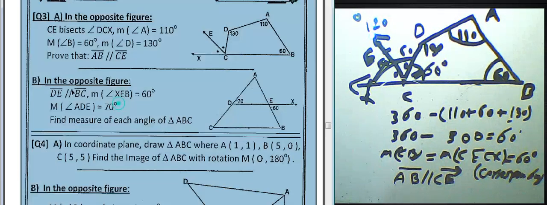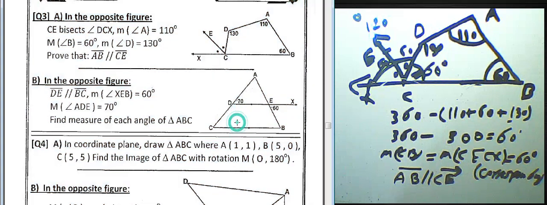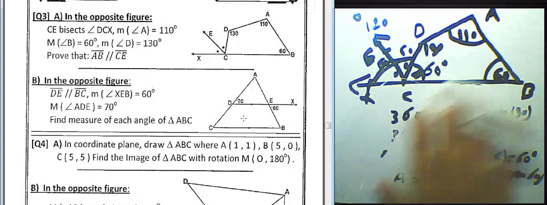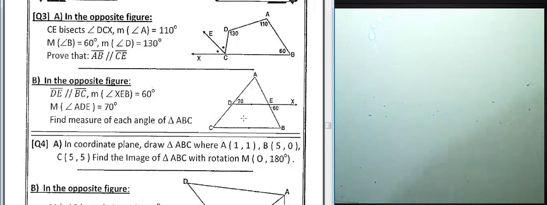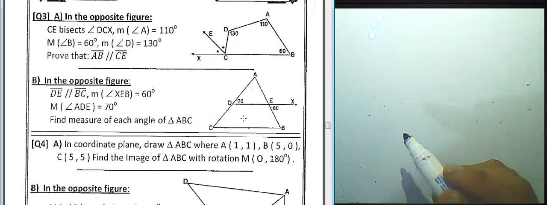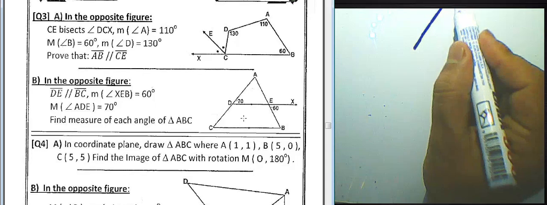Another question, letter B here. In the opposite figure, the measure of angle E equals 60 degrees and D equals 70. You want to find the measure of each angle of triangle ABC. We have here ray DX parallel to ray CB.